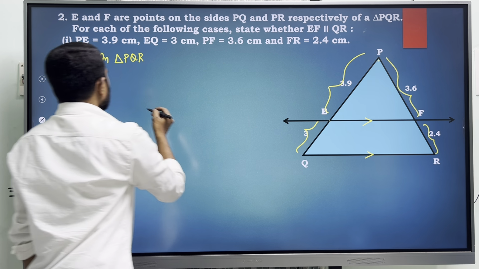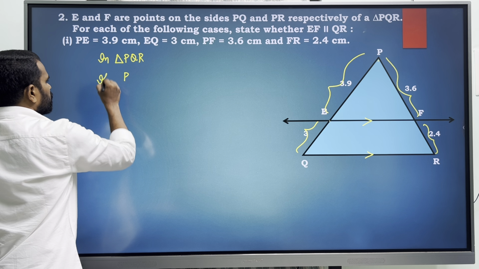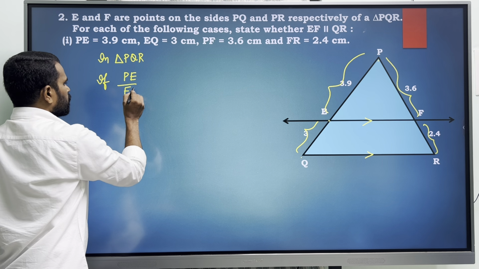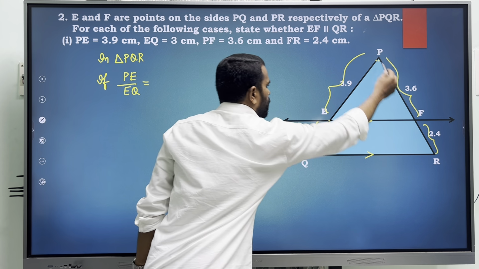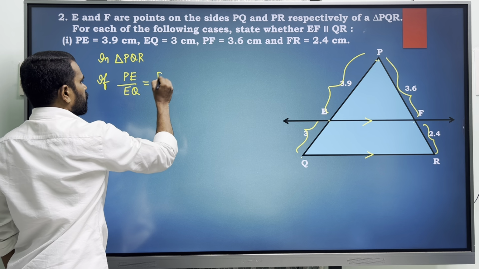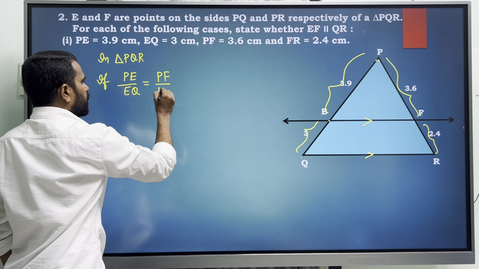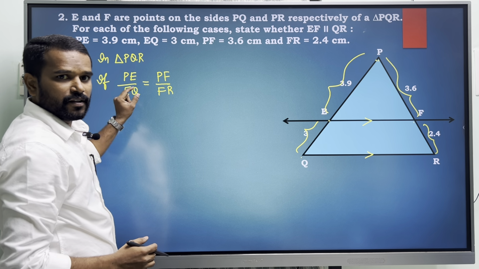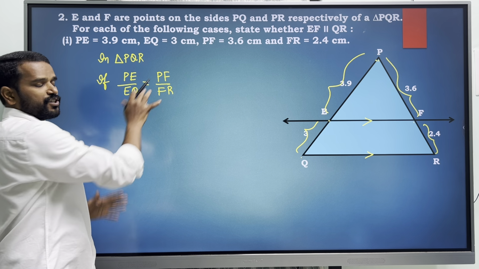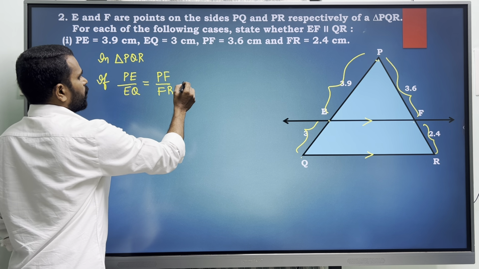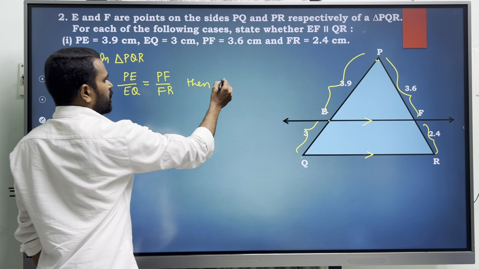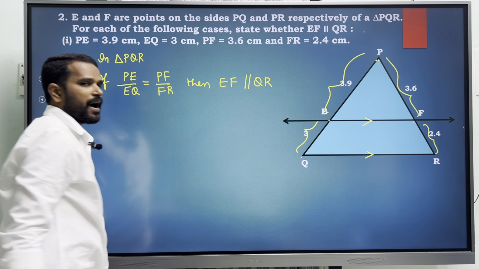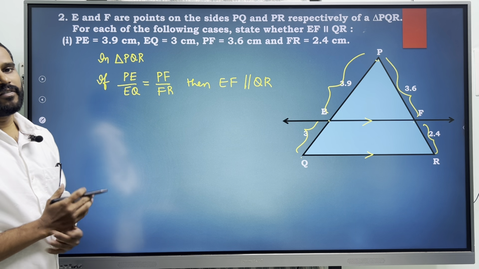That is, PE by EQ equal to PF by FR. If the sides' ratios are equal, then we can say that EF is parallel to QR. So this is what we will be checking now.